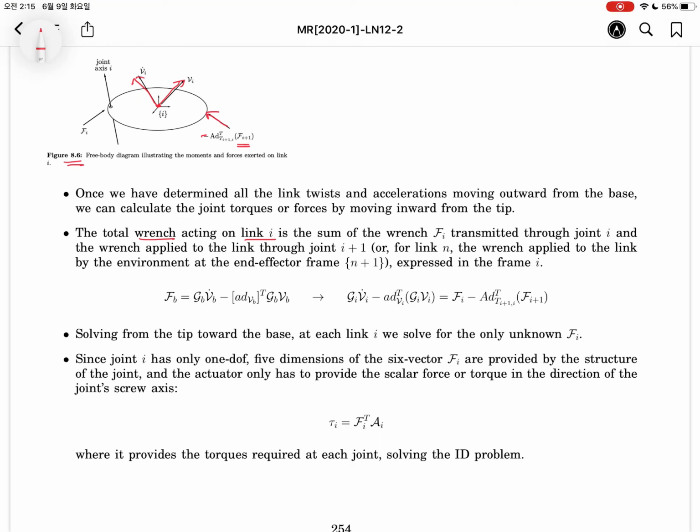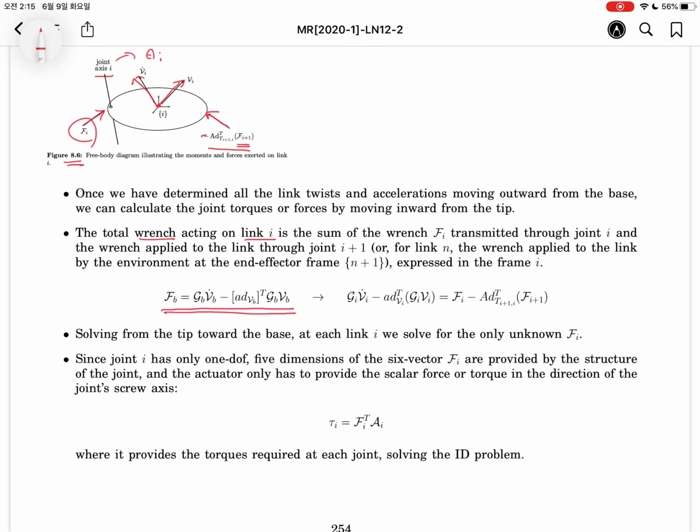The subsequent wrench should be expressed in terms of the previous link's frame, using this notation. And then F_i is unknown. Here the joint axis is S_i, so it is denoted by A_i.